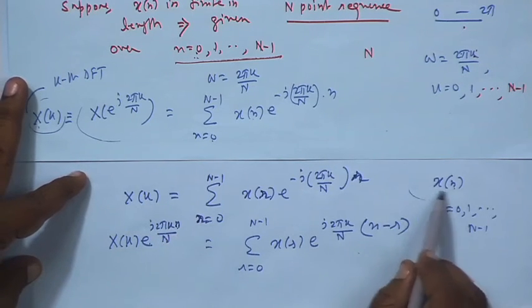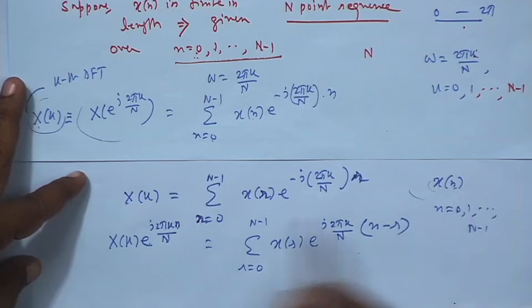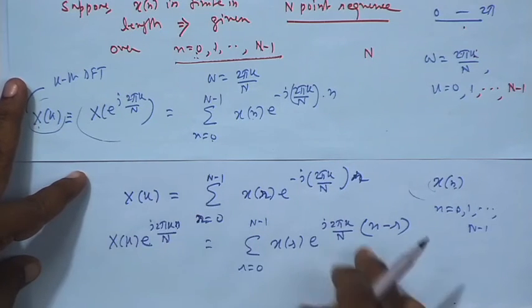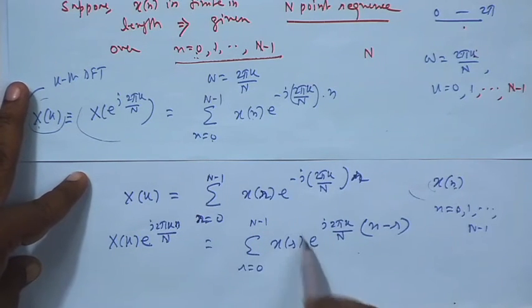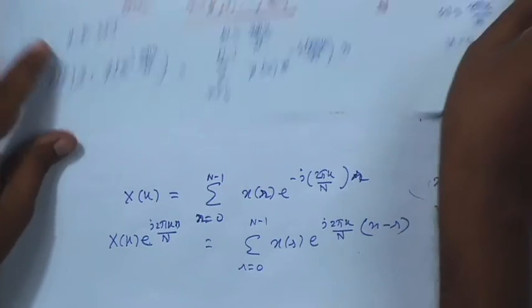You want to find out the nth sample x n, and n is in this range. So, that n you put, and the right hand side is also multiplied by the same thing. Take that inside the summation, combine the two exponentials, and you get e to the power j 2 pi k by N times (n minus r). I am just multiplying both sides. Then what do you do?